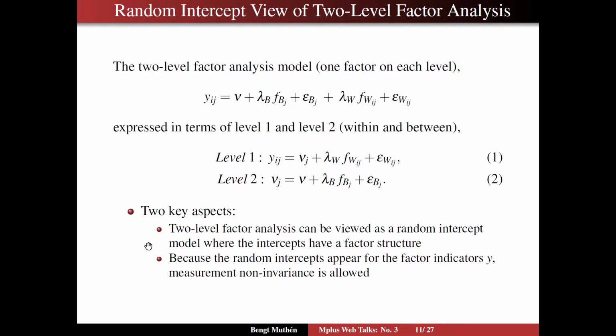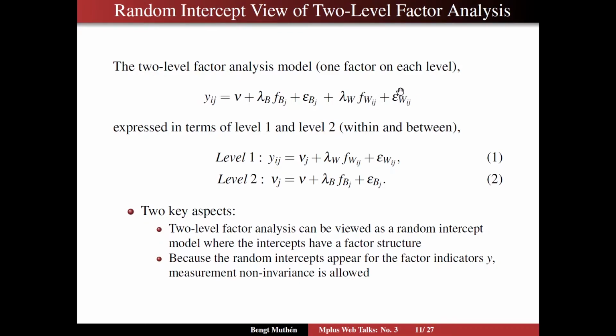Now, if you take a look at this factor model in more detail, we can write it assuming that we have only 1 factor on each level. So instead of a matrix lambda, we have a vector, and we have only a single factor here. Same thing on the within level, a single factor on within.